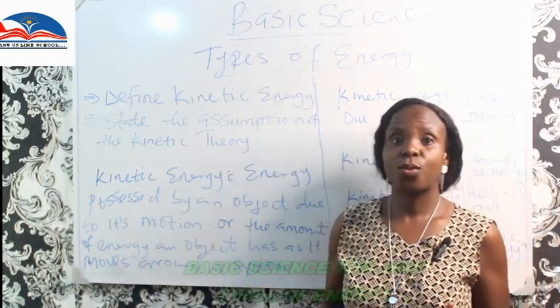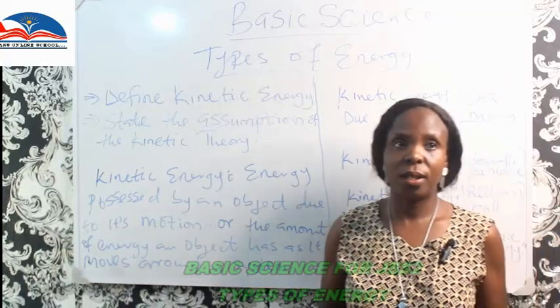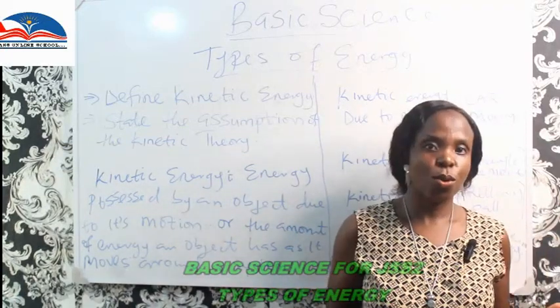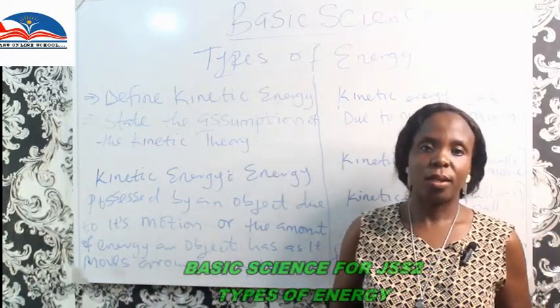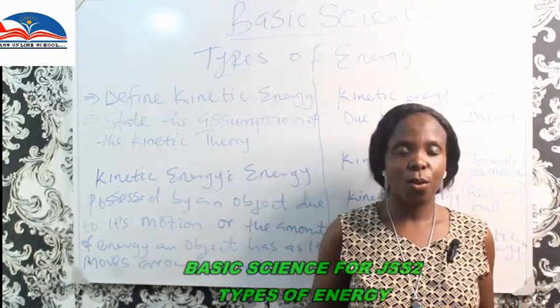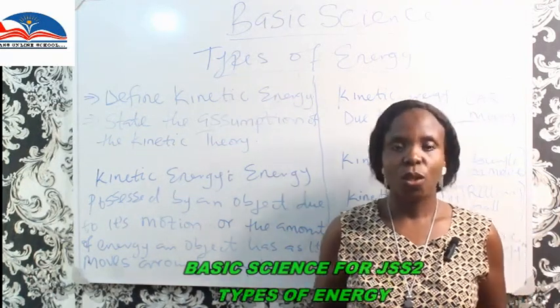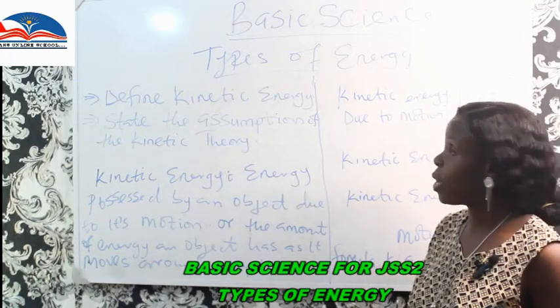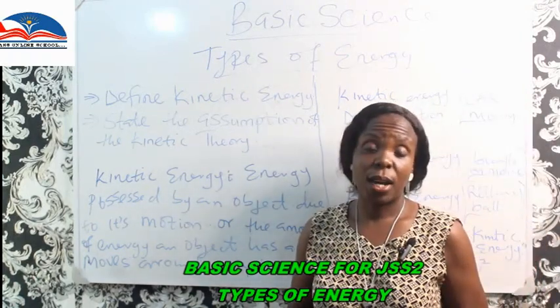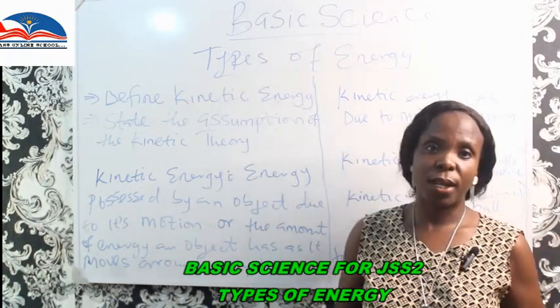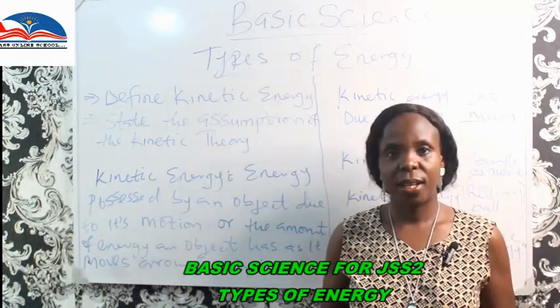In our previous class, we discussed simple machines, and we took two parts of that episode. If you've not watched it, go back and watch it. Today we are going to look at types of energy, and particularly the type of energy we are going to look at is kinetic energy.